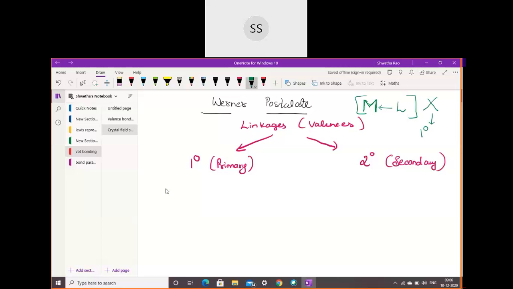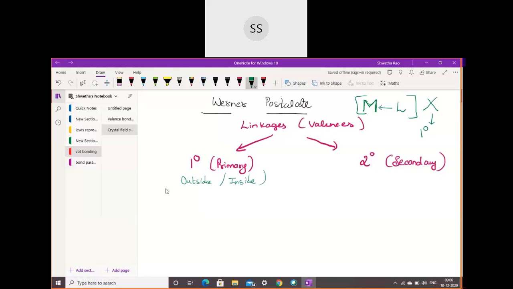But primary valencies can be found inside also. It need not be only outside, because sometimes the negative ions present inside satisfy the oxidation state of the metal. Whatever charge the metal carries will be satisfied even if they are present inside. So do remember that primary valencies can be present outside, and they can even be present inside.